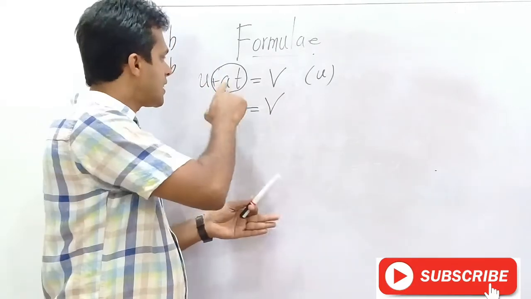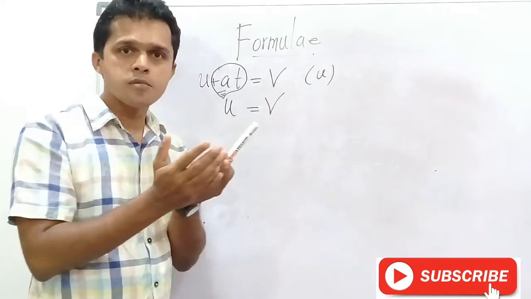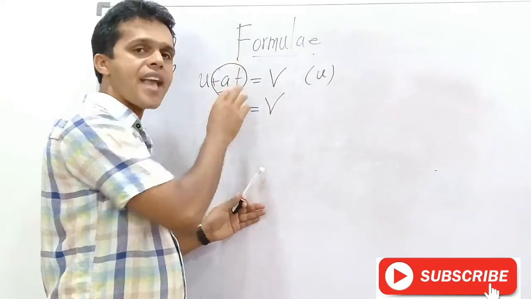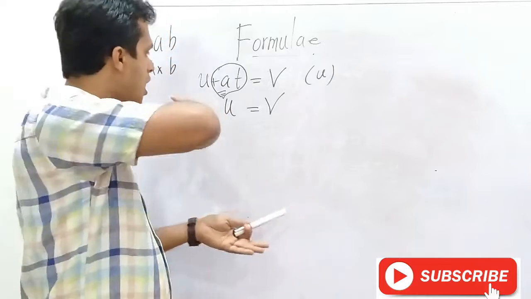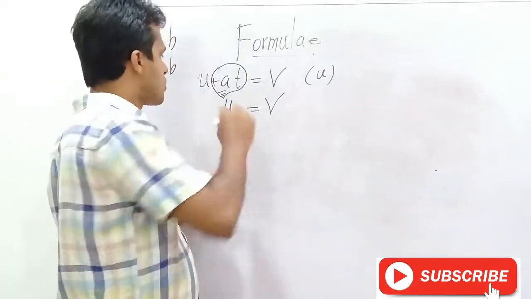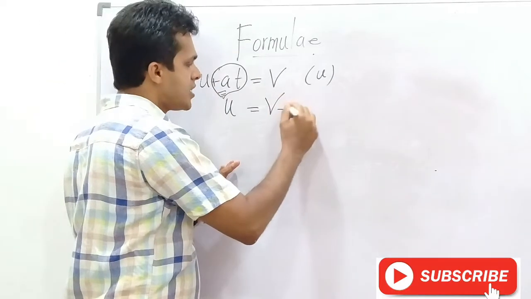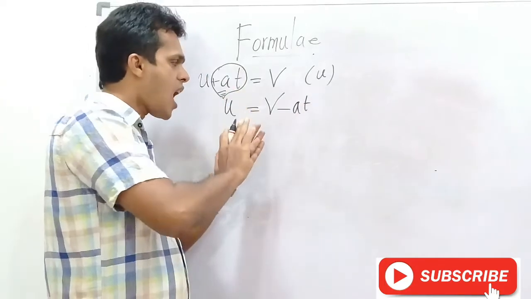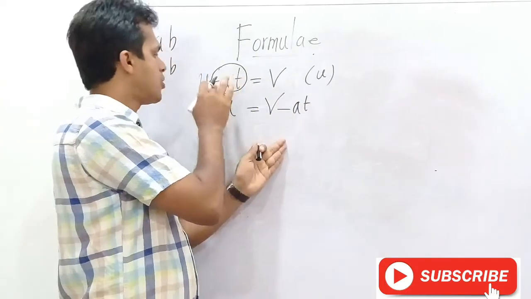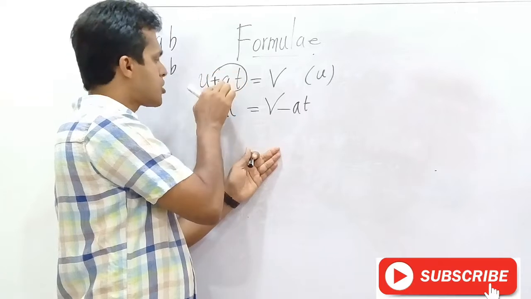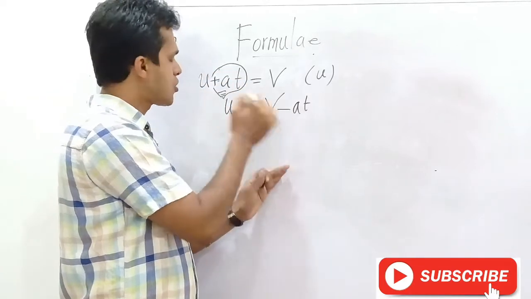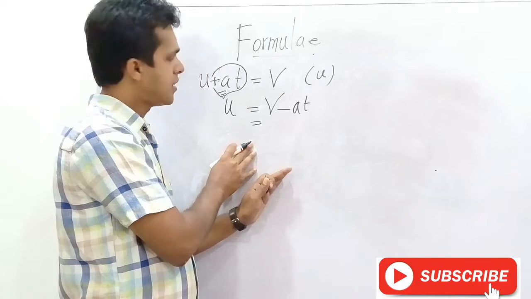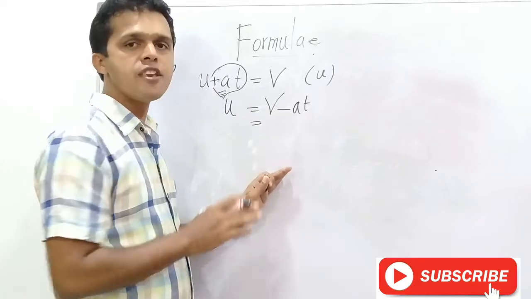Here you could see a and t, that there are two terms. It's okay, but at is considered as a term. Therefore, u equals v minus at. These two terms are written here. So here positive becomes negative. So u equals v minus at.